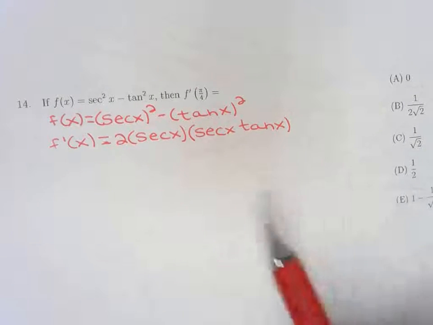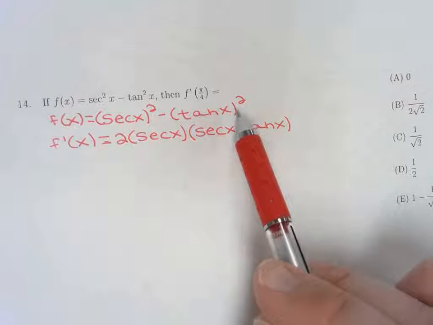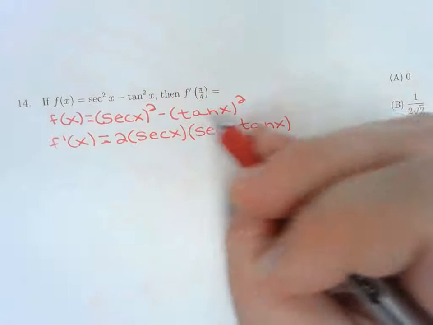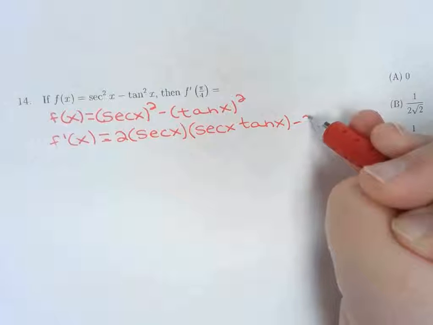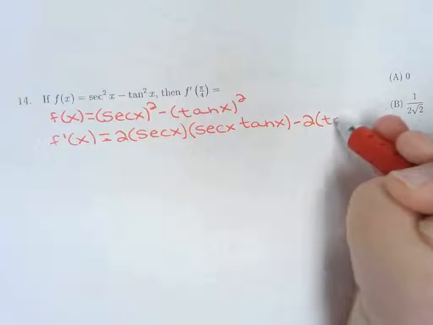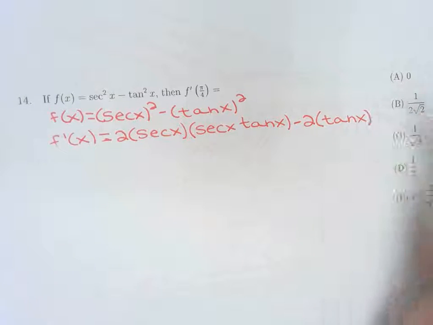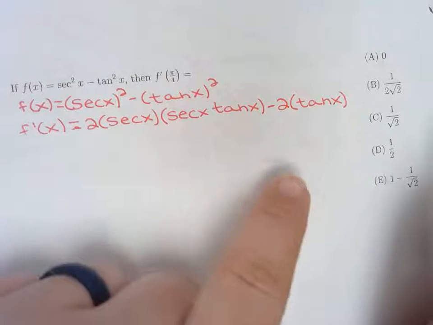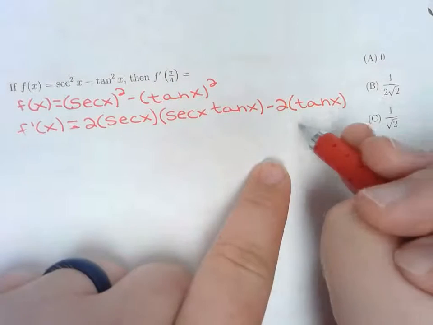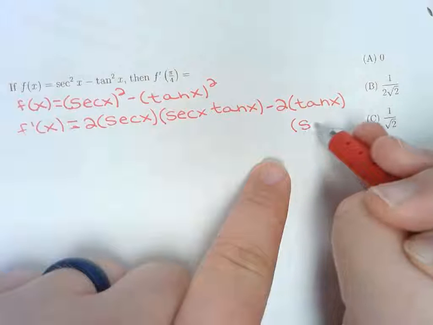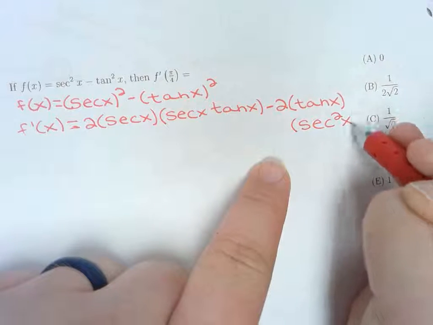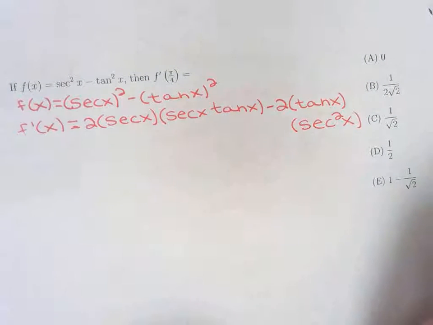That's dumb. It is what it is. Derivative of the tangent x squared: you bring the 2 in front, keep the tan the same, reduce it by 1, which will make it to the first power, times the derivative of tangent, which is secant squared, I believe. Yes? The derivative of tangent is secant squared, yeah.